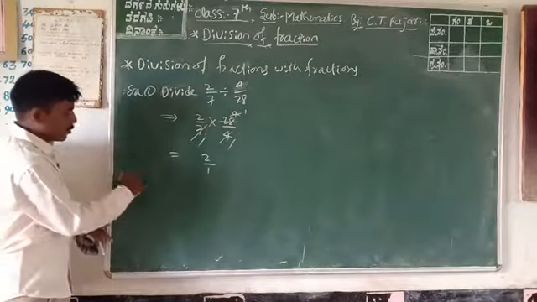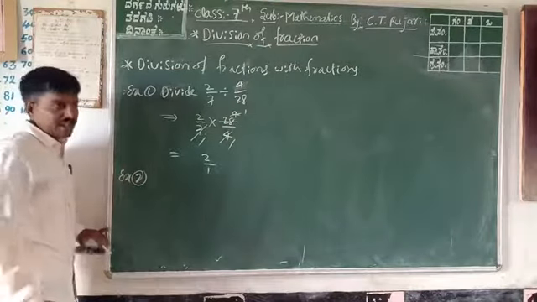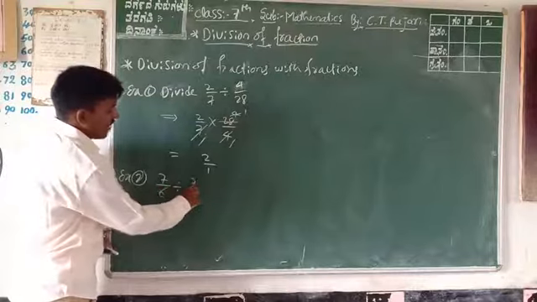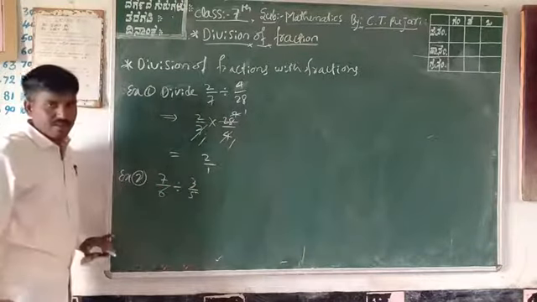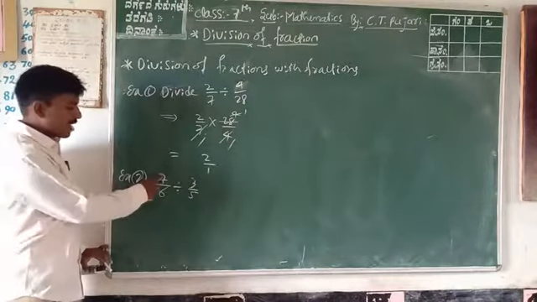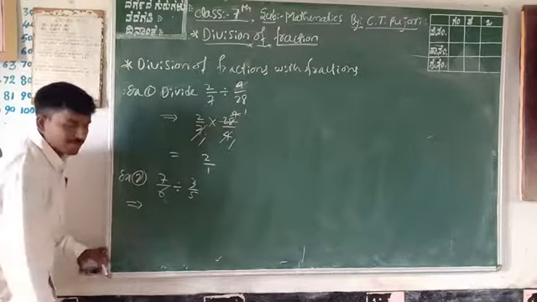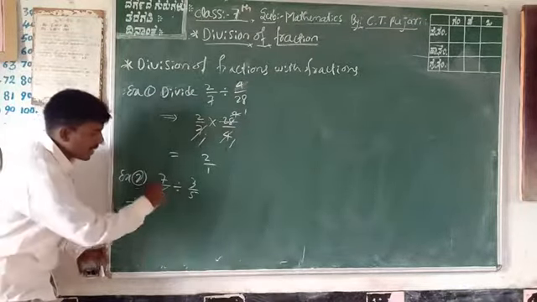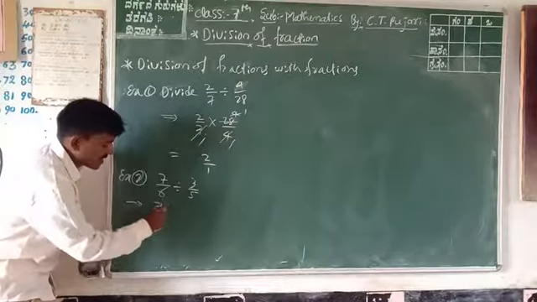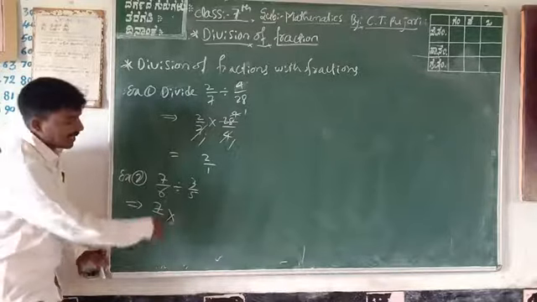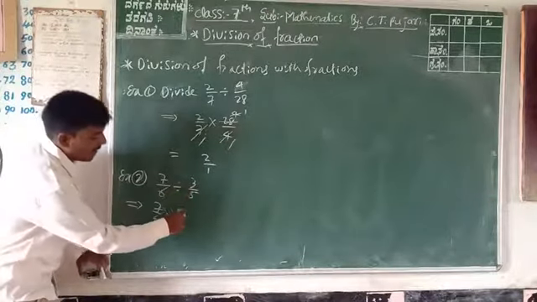Example number 2. Take 7 by 6 divided by 3 by 5. The question is 7 by 6 divided by 3 by 5, the division of these two fractions. The first one is 7 by 6, same as it is. Change the division into multiplication sign. Write the reciprocal of these two, 5 by 3.